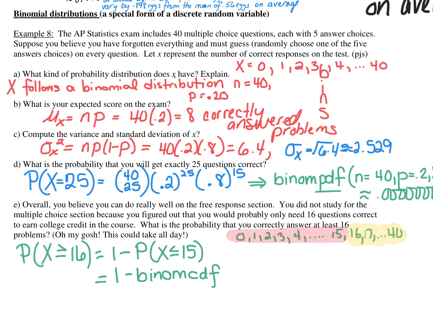The cumulative density function will do it for me. So n equal to 40, p equal to 0.2, and my x equal to 15. And I take a second, type that in, and I get approximately this as my probability.